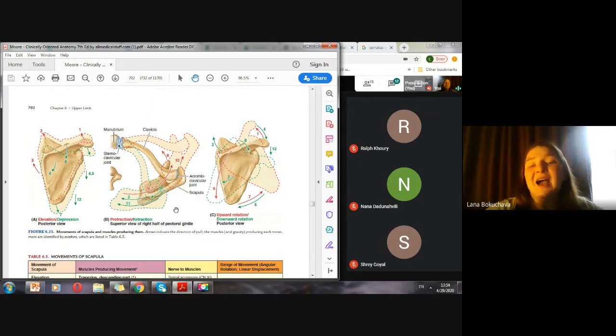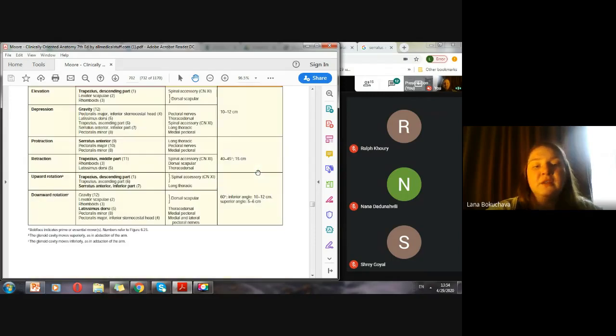What does downward rotation mean for us? This is important when the glenoid cavity, this is the part of the glenoid cavity, yes? So when the glenoid cavity is rotating laterally and down, most commonly it will be dependent on the latissimus dorsi, as you can see.